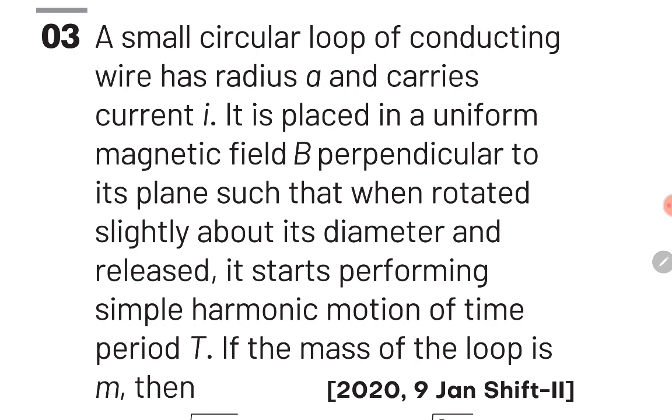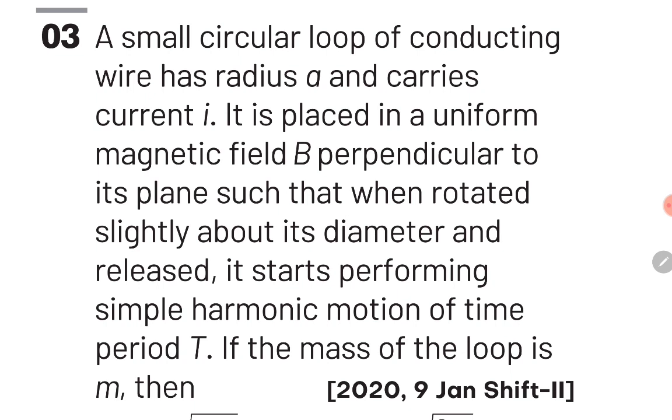Guys, in this question, we'll have to use the formula of time period of a magnetic dipole placed in a magnetic field. This formula is time period is equal to 2 pi under root of I upon mB. In this formula, I is moment of inertia and m is magnetic dipole moment.